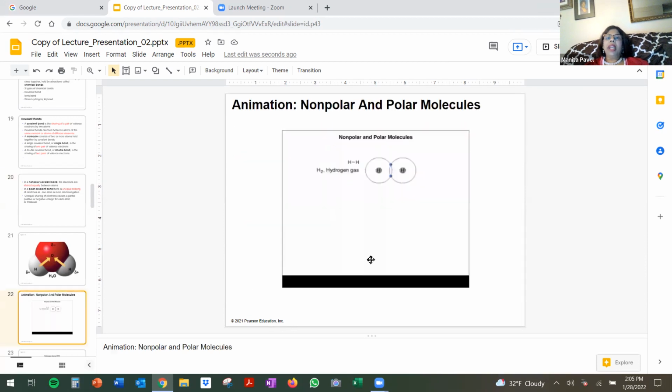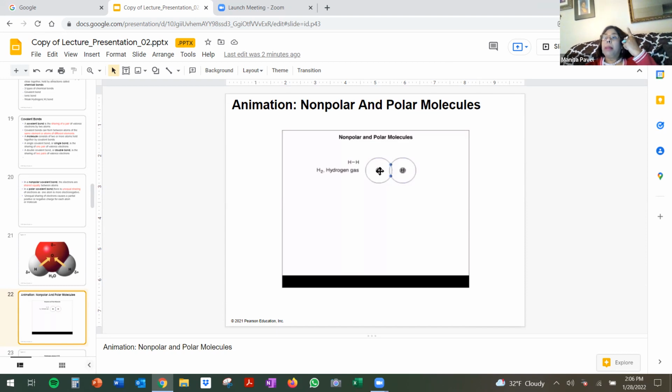So if you looked at hydrogen, what would we say? Is there equal sharing of valence electrons or unequal sharing? Therefore, would it be a polar molecule or non-polar? Remember, the atoms are the same, hydrogen, hydrogen, they're both positive. Electrons are shared equally.